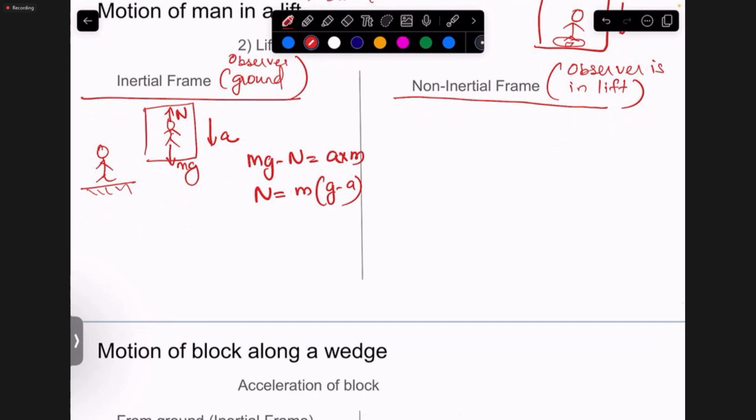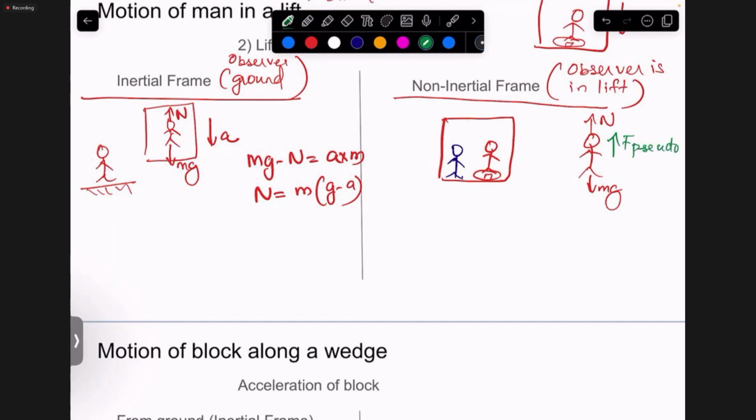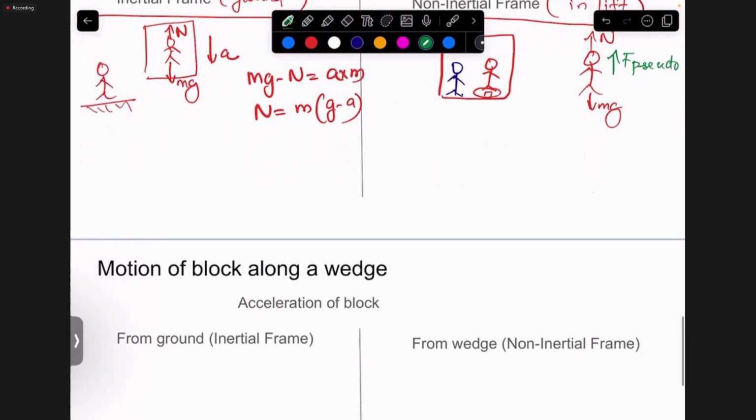Now, on the non-inertial frame, what is happening? Again, this observer and the passenger are both inside the lift. So for him, he will perceive a pseudo force, right? The free body diagram of the passenger as seen by this observer has mg acting downwards, N acting upwards, and the pseudo force acting upwards. Why? Because pseudo force always acts opposite to the direction of acceleration of the frame.